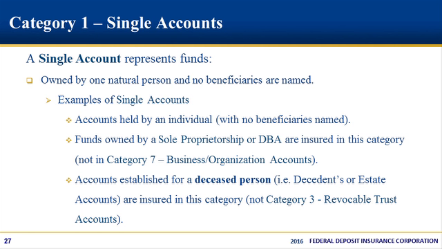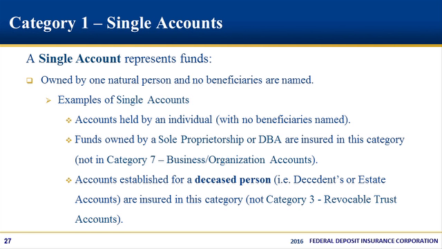For example, a sole proprietorship deposit account, which is sometimes also called a DBA account or doing business as account, is insured under Category 1 single ownership accounts. While a sole proprietorship deposit is open based on a business activity conducted by the depositor, it is important to understand that a sole proprietorship is not covered under Category 7 business organization accounts.